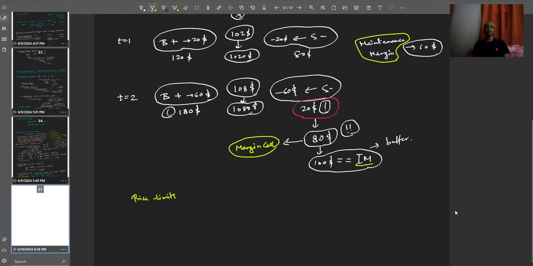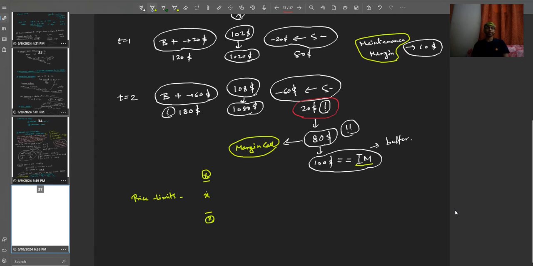Let's say a contract right now is at a certain price X. There is an upper band and a lower band put on both sides of it. It cannot trade beyond this, and it cannot trade beyond this also. So this is called the price limits.